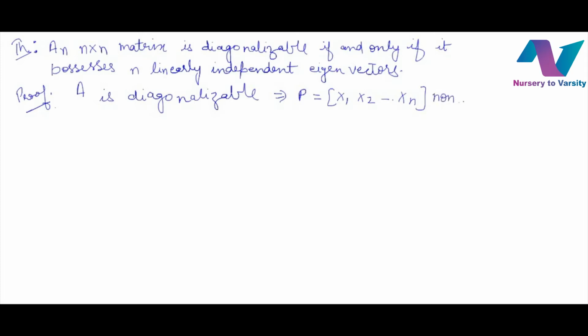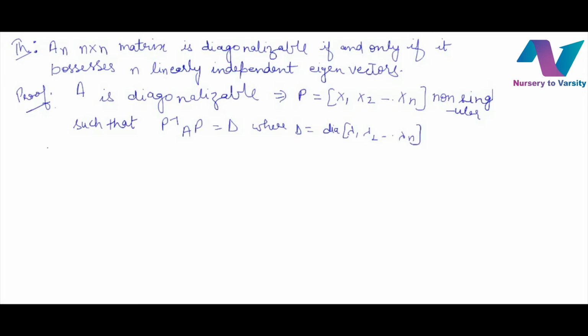P is non-singular, or we can say that P is an invertible matrix, such that P inverse AP is equal to D, where D is the diagonal matrix with entries lambda 1, lambda 2 up to lambda n.